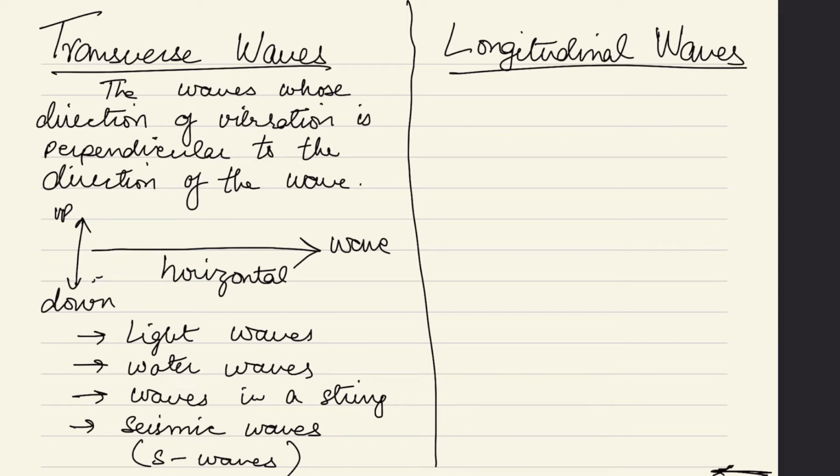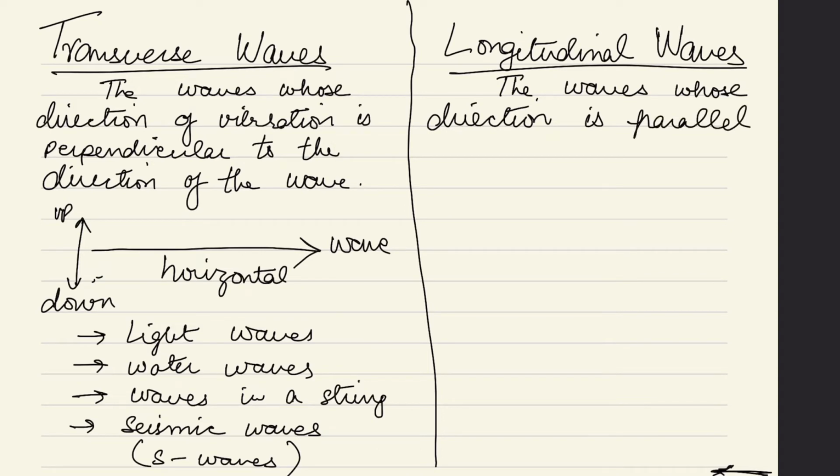Now let's discuss the longitudinal wave. By definition, longitudinal waves are the waves whose direction of travel is parallel to the direction of vibration. These types of waves are the longitudinal waves.